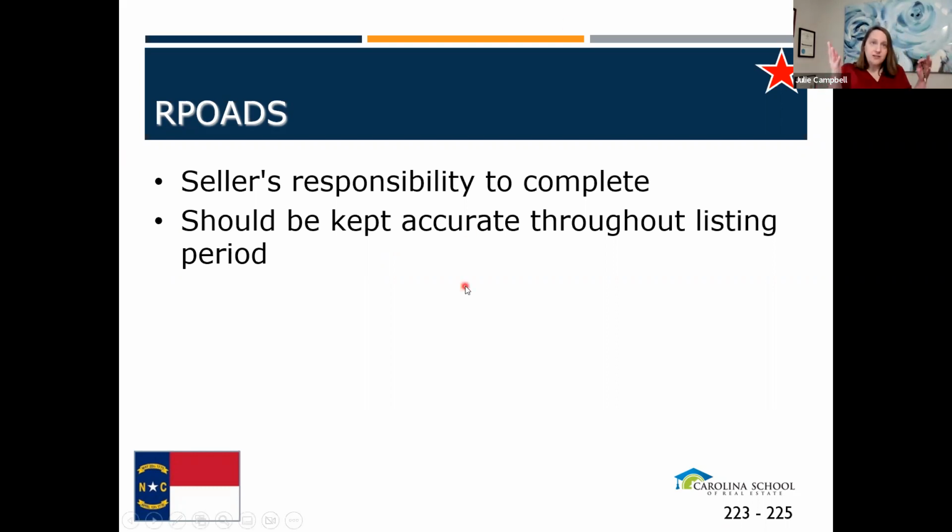So we have this seller disclosure mandatory form that they have to complete and provide. How we get it to the buyer doesn't matter. For the most part, in practice, if the property is listed in the MLS, members of the Triad MLS are allowed to upload attachments that other members can see.